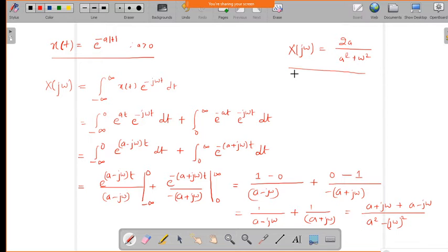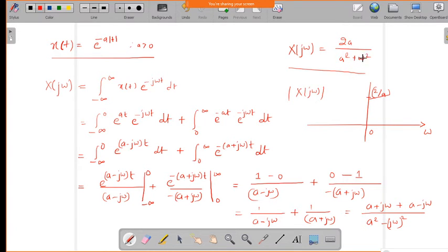So now if you plot the spectrum, that is X of j omega, the spectrum of this Fourier transform, put the value of omega at particular values. If you put omega equal to 0, you will get 2a by a square, where a cancels, and you get the value 2 by a. Whenever you go to the negative or positive side, the signal decays.